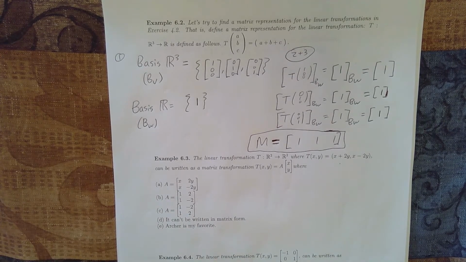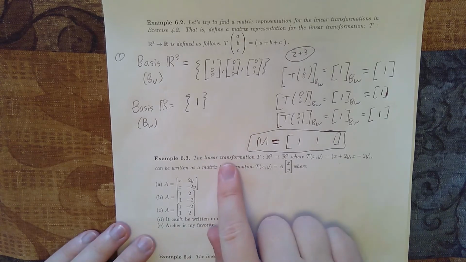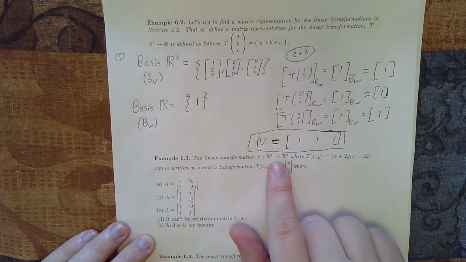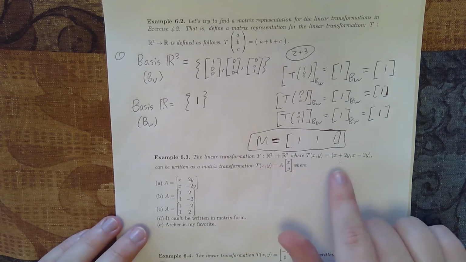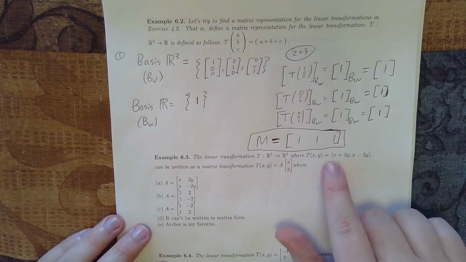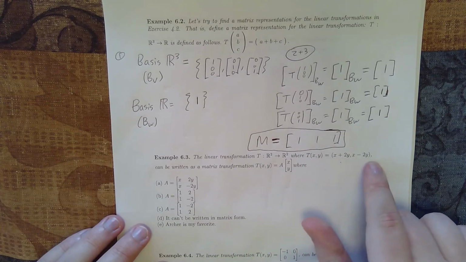All right, so let's say we wanted to go ahead and look at the linear transformation going from R2 to R2, where T of (x, y) becomes (x plus 2y, x minus 2y).